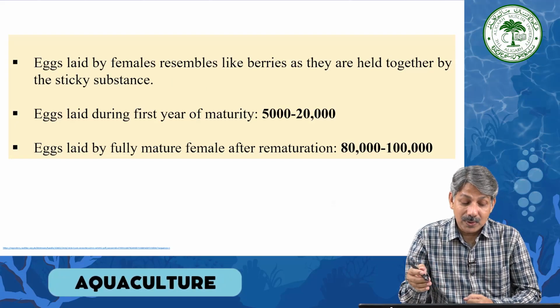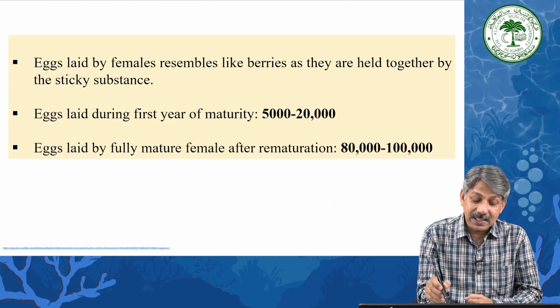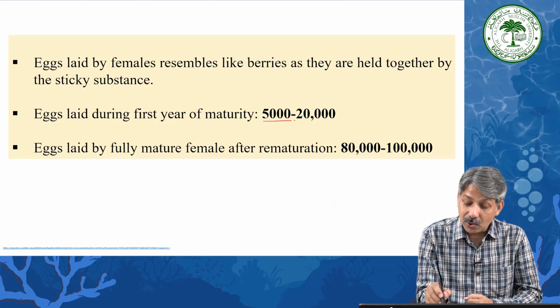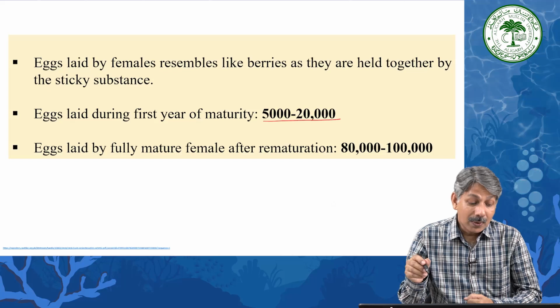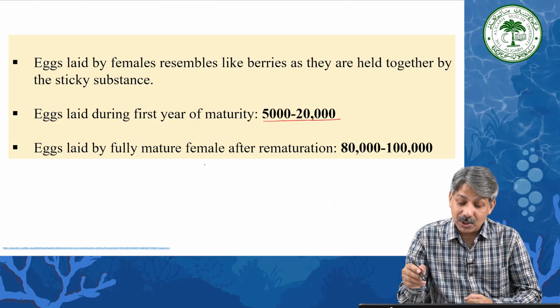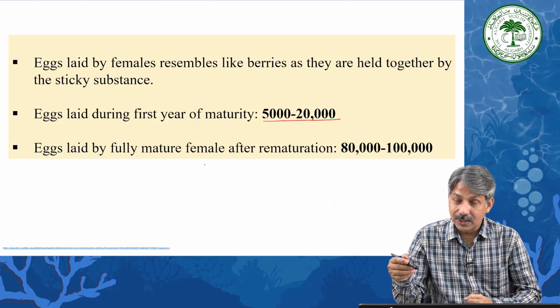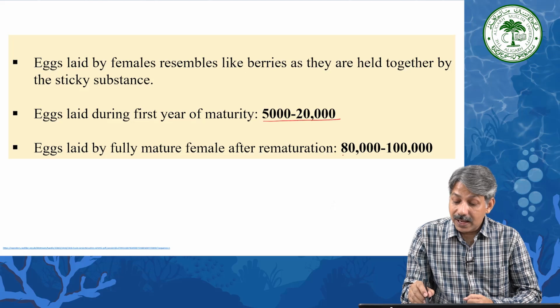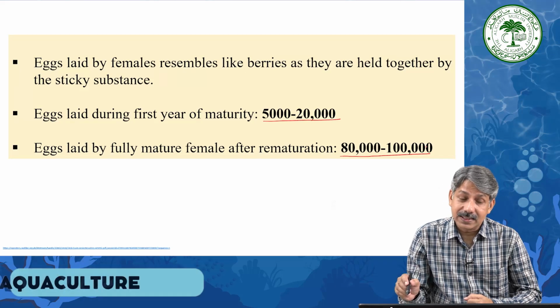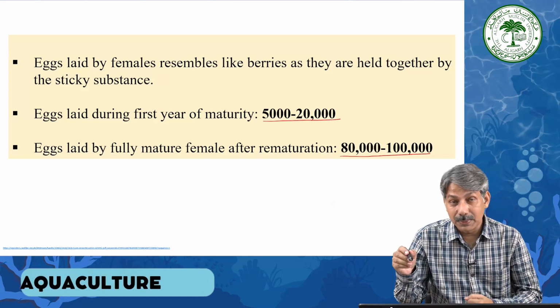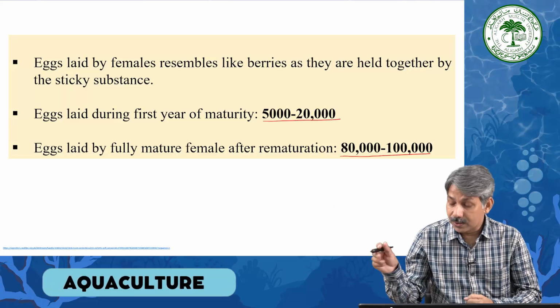And this is important: eggs laid during the first year of maturity are 5,000 to 20,000 in number, whereas when they rematurate at later stages of their life, the eggs may increase in number significantly, like 80,000 to 1 lakh eggs can be produced by a female when it rematures.